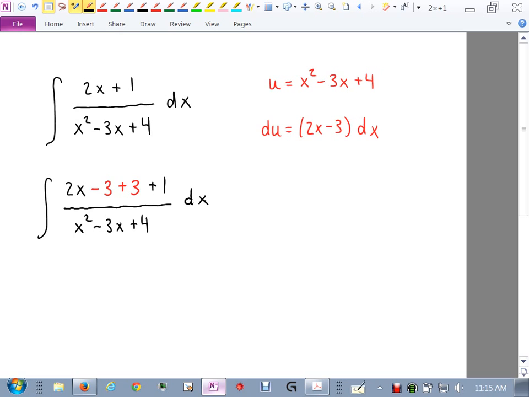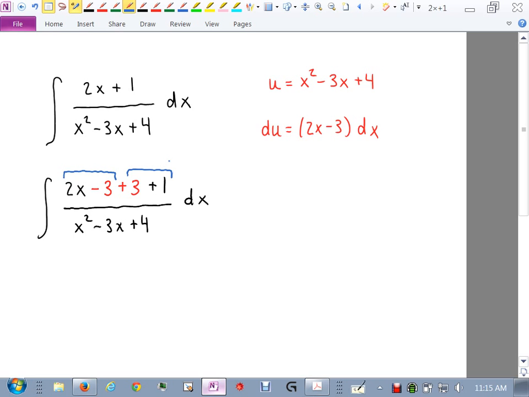Do you agree, first of all, that that's true? Yes? Now I can put these two together, and then I can put these two together. That becomes a 4. So I could really write this as the integral of 2x minus 3 plus 4. And since I have two things on top and one big expression on the bottom, I could split it into two separate integrals.